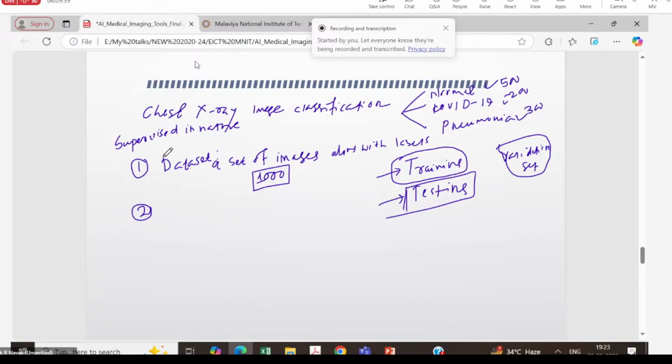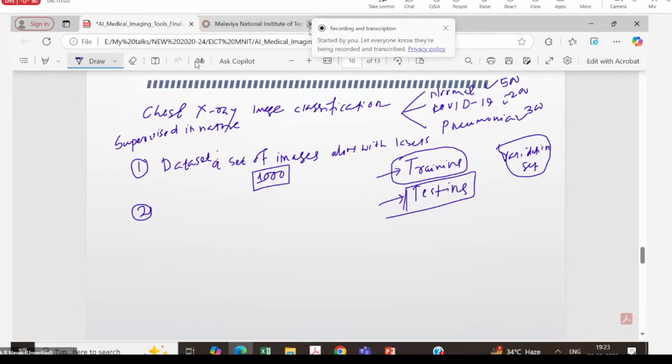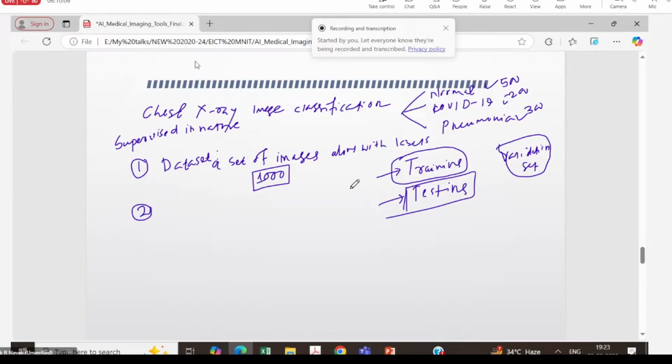Now I would ask you to tell me what is the simplest procedure to divide a data set into train and test. I want to pass a few images during the design of the model, that means during the training stage, and keep the rest of the images to evaluate the model.